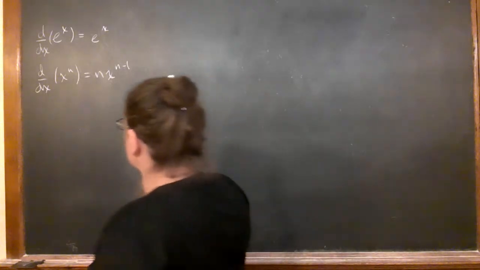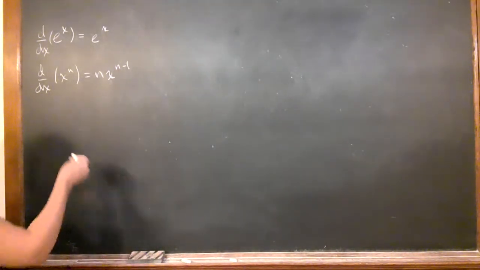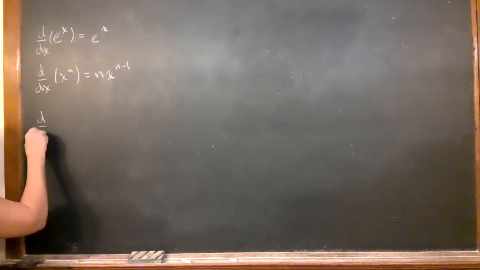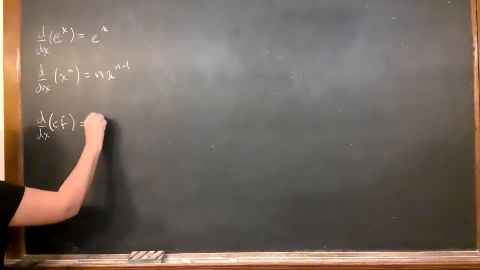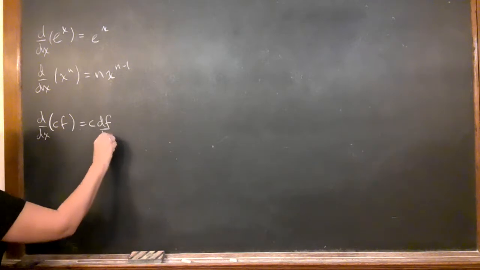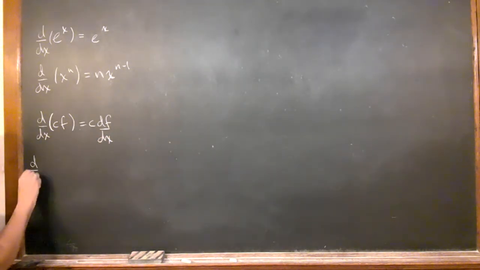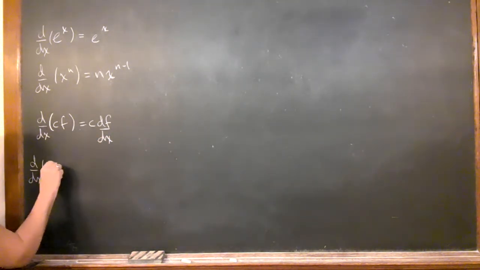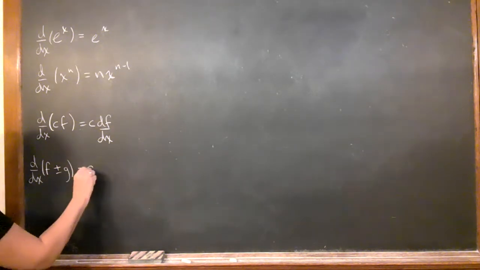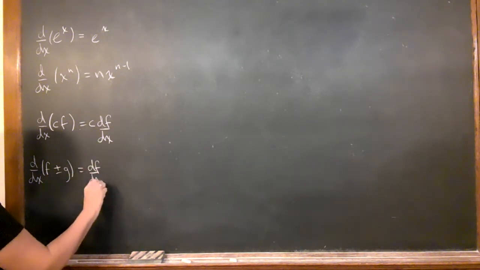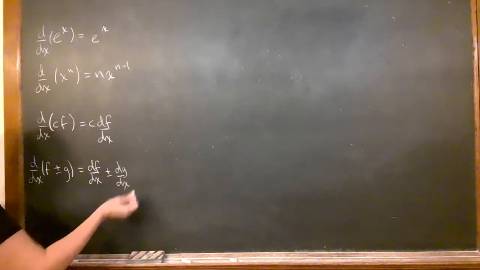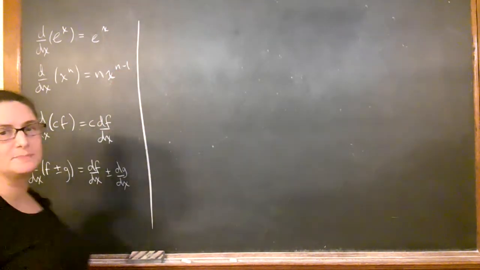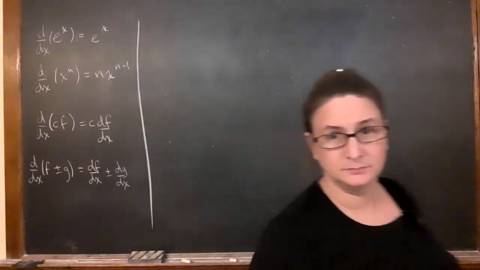I can write them all: the derivative of c f is c df dx, and the derivative of f plus or minus g is df dx plus or minus dg dx. Those are all the rules from chapter 3.1.